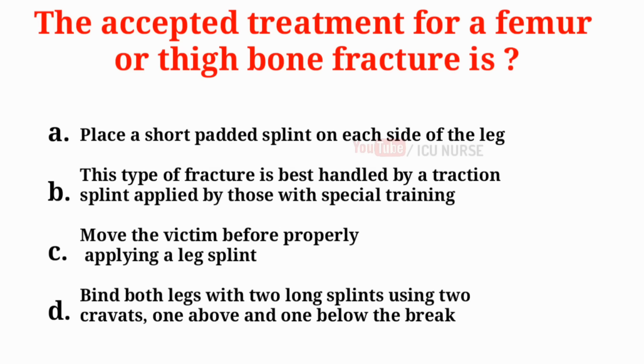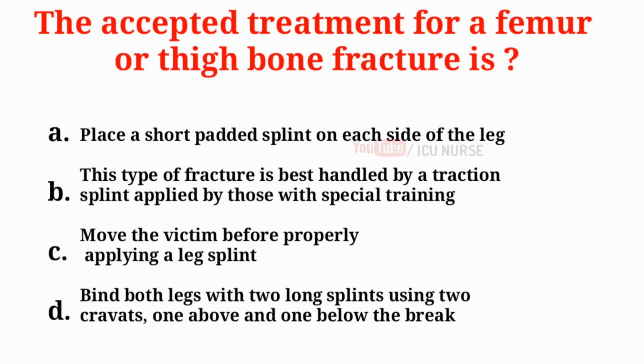The accepted treatment for a femur or thigh bone fracture is A. Place a short padded splint on each side of the leg. B. This type of fracture is best handled by a traction splint applied by those with special training. C. Move the victim before properly applying a leg splint.